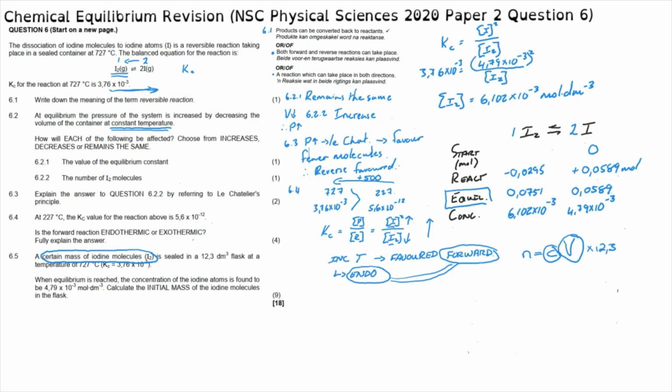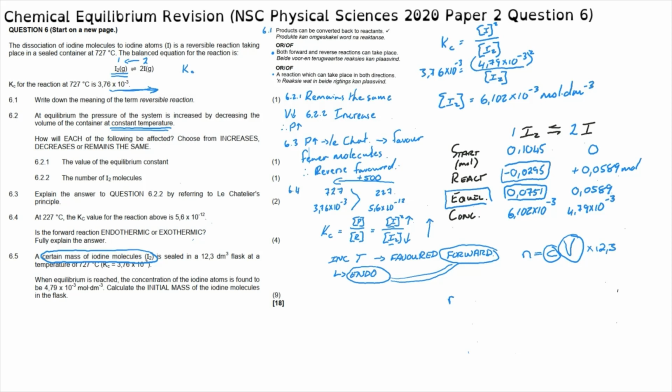And then finally, what that tells us is that if we ended with 0.0751 moles after having used 0.0295 moles, we must have started initially with 0.1045 moles of iodine.